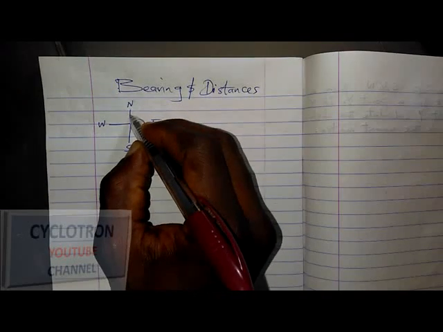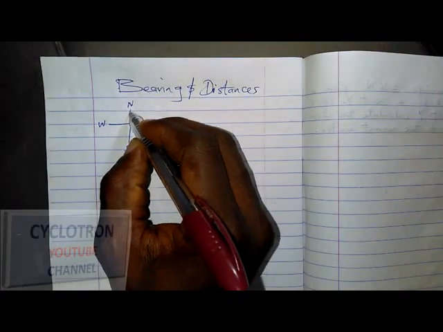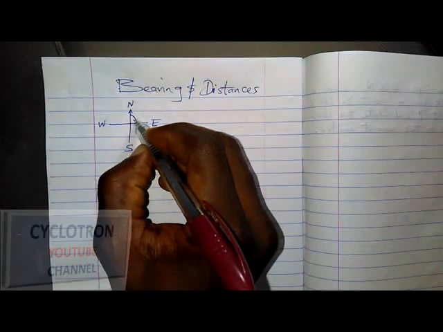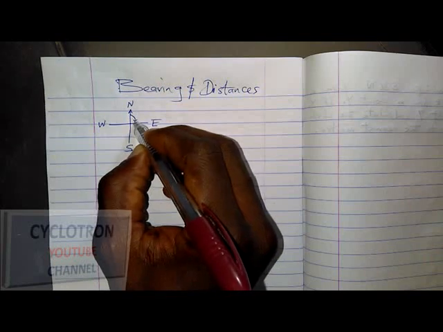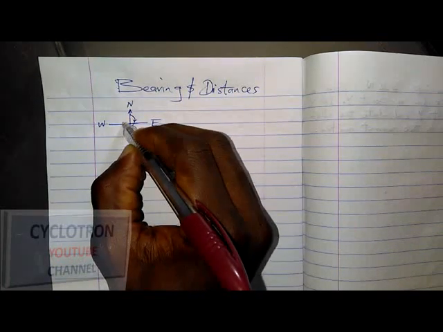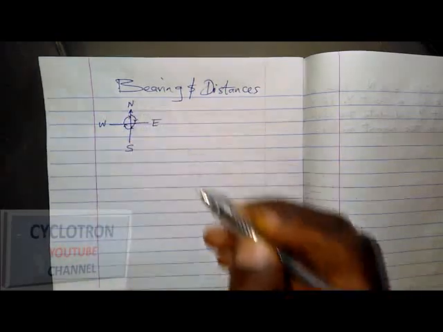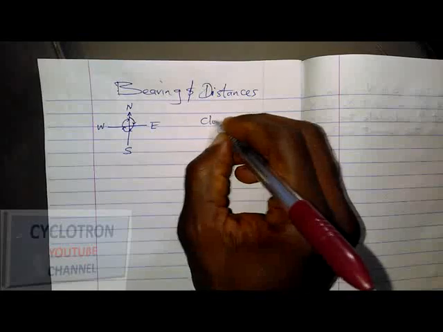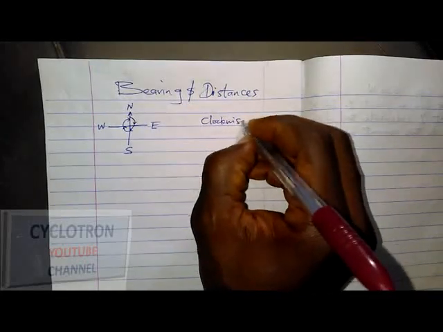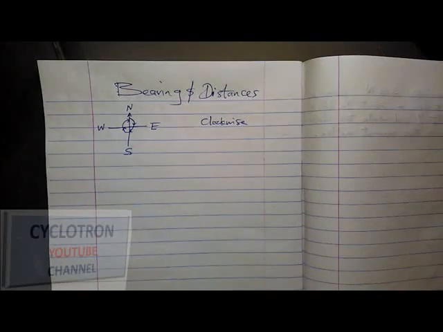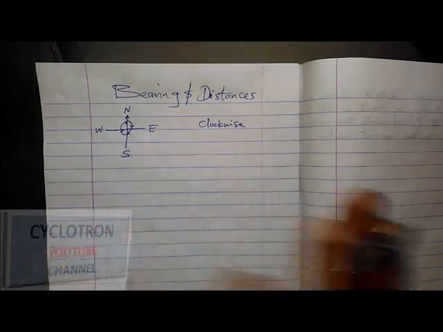In bearing, the direction of angle is from the north and it goes through the east to the south, then to the west, then back to the north. So it is clockwise. Don't forget, clockwise. Bearing is in the direction of the clock.